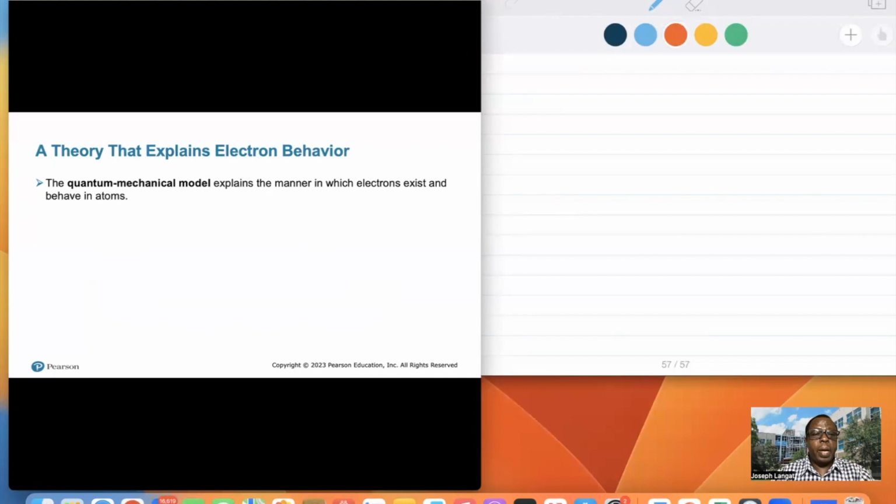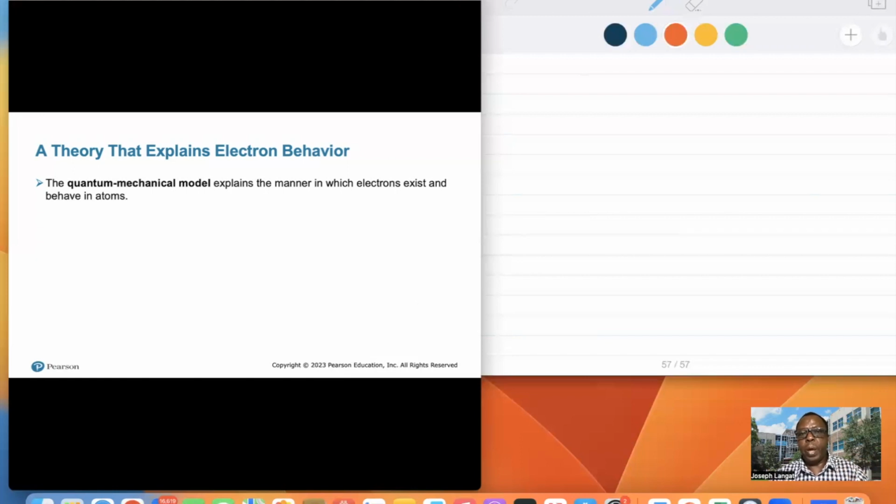So the quantum mechanical model now explains the manner in which electrons exist and behave in an atom. We use quantum mechanics to explain the behavior. We cannot physically observe an electron. Why? As I said on the previous slide, shining light on an electron for us to see will change the behavior of the electron in an atom.